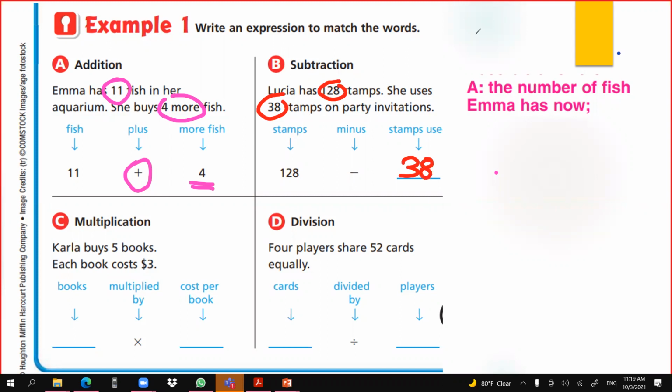So you will say 128 minus 38. Now, 128 minus 38, what does this expression represent on the model? It represents the number of stamps that she has now.